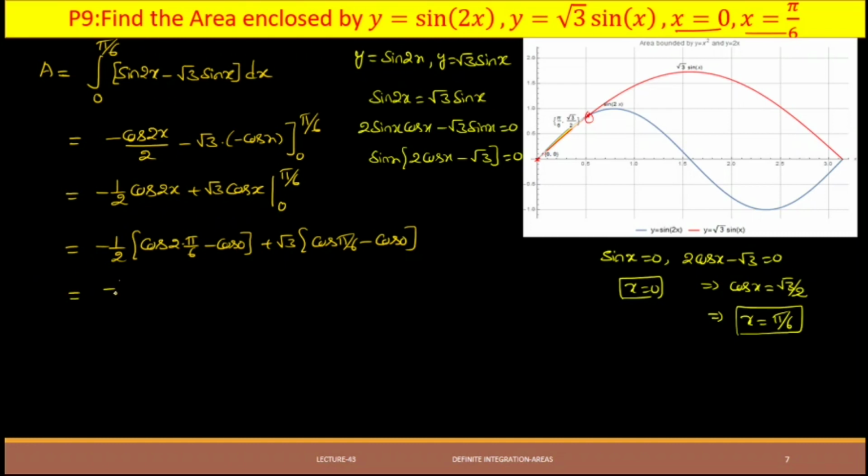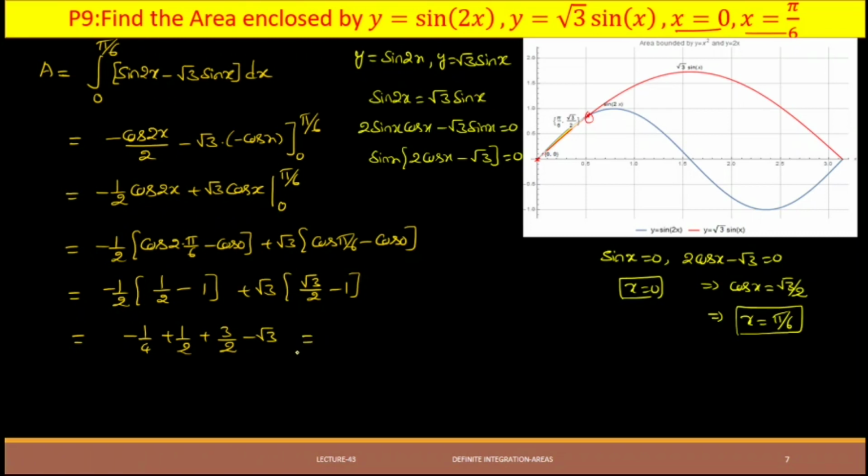So that is equal to minus 1 by 2 into cos pi by 3. Cos pi by 3 is 1 by 2, minus cos 0 is 1, plus root 3 into cos pi by 6 is root 3 by 2, minus 1. So that is equal to minus 1 by 4 plus 1 by 2 plus 3 by 2 minus root 3.